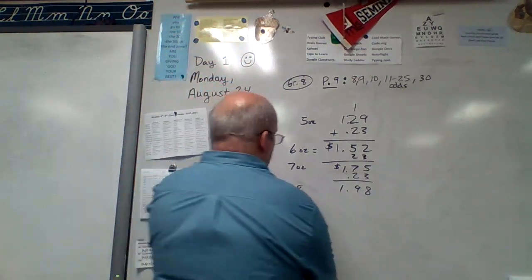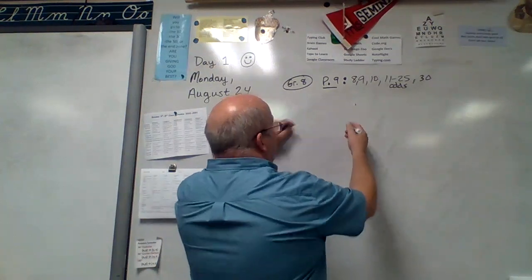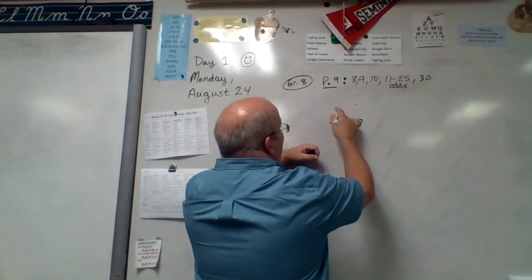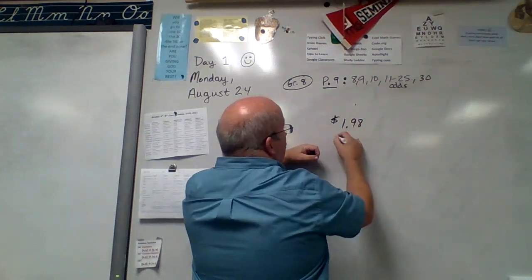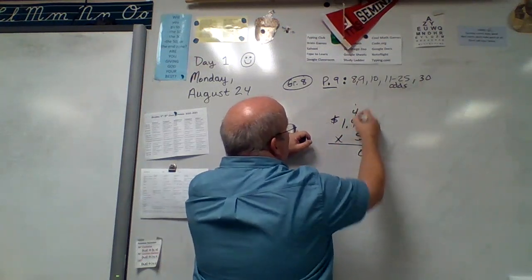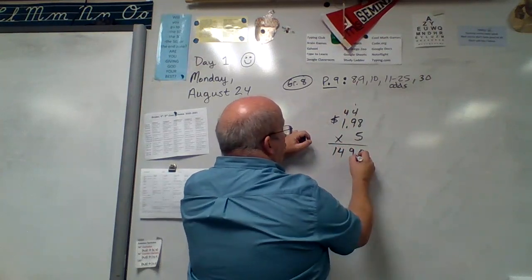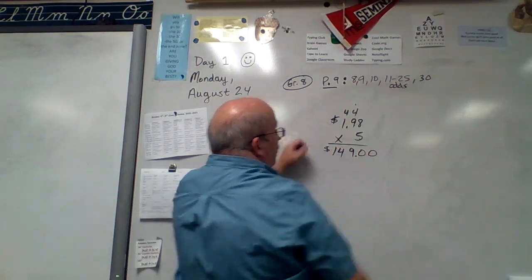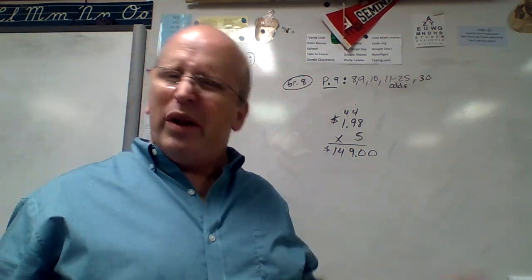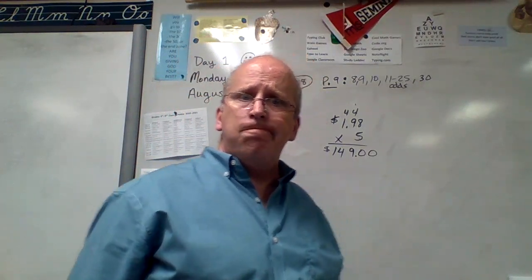Let me give you an example of what I mean by that. If you had a word problem and you decided that the way to solve it was to take $1.98 and multiply that value times 5, and you came up with this answer, and you wrote that the answer is $149, and you just went on to the next problem without examining it and thinking about it, would you notice the mistake I made?